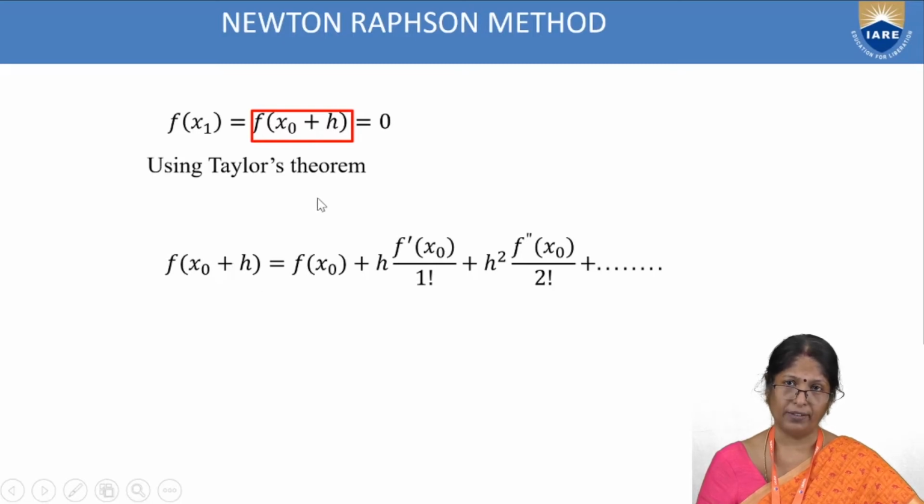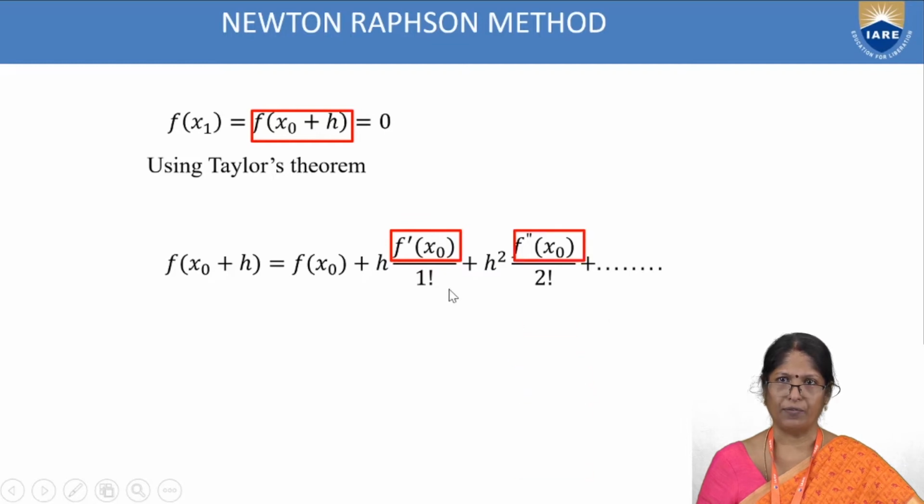According to Taylor's formula, it is f of x0 plus h into f dash of x0 by 1 factorial, plus h square into f double dash of x0 by 2 factorial, plus, the next term is not written but we can easily say because we understand the flow of this formula, plus h cube into f triple dash of x0 by 3 factorial, and it goes on.